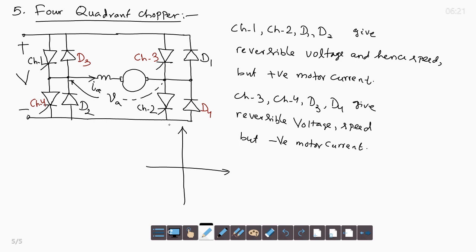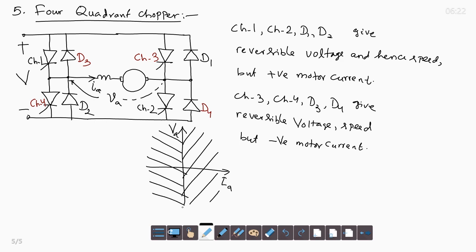So, VA or speed, IA or current. You have reversible voltage and positive motor current with CH1, CH2, D1, D2, and negative motor current and reversible voltage with CH3, CH4, D3, D4. So, you get all 4 quadrant operation.